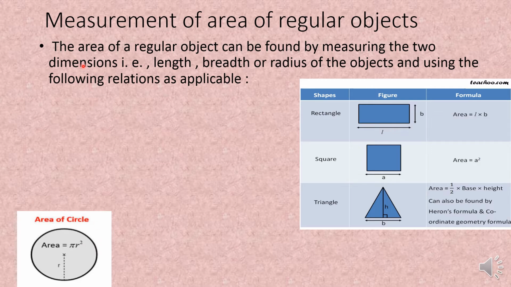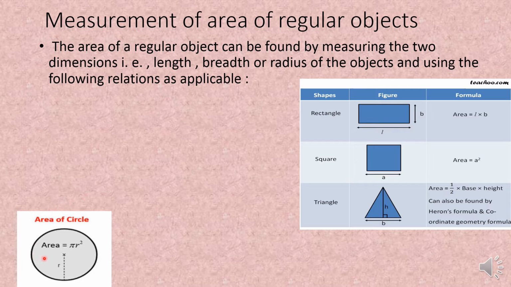Right children? The area of a square equals a square. Why is it written a square? Side multiplied by side, if one side is a. So the area of a regular object, if the shape is properly defined, whether it is a square, rectangle, or triangle, can be found by measuring any 2 dimensions, like length, breadth or radius of the object.